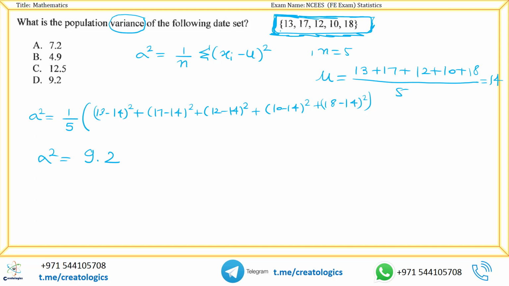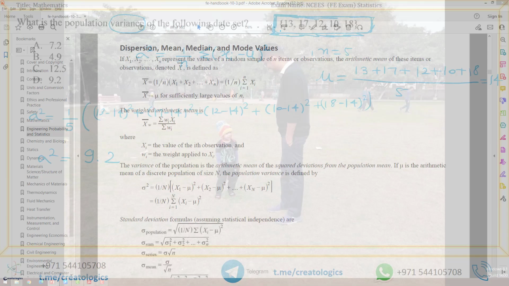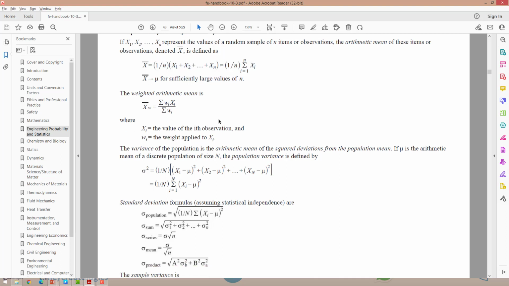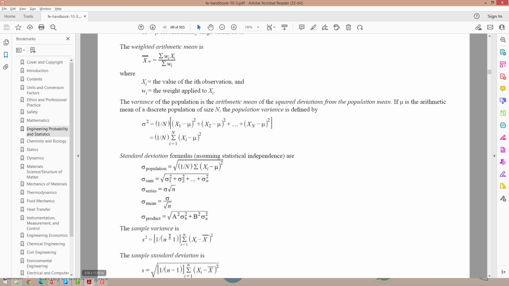There is a difference for the variance of the sample. Let me go back to the handbook. Here you can find that for the complete population you have to use n. But if you are talking about the sample, in that case you have to write 1 upon n minus 1 everywhere.